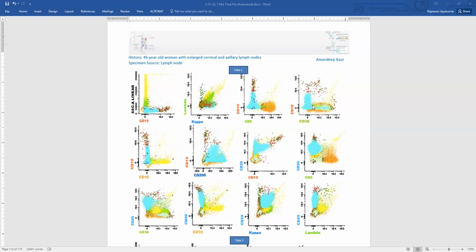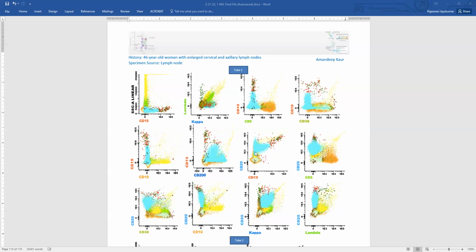And in CD38, we see a subset that is positive for CD38. And this is also the subset that is completely negative for CD19. And all our B cells are negative for CD10, including the neoplastic ones. And a subset of this aqua population is positive for CD200, and this is also negative for CD19.